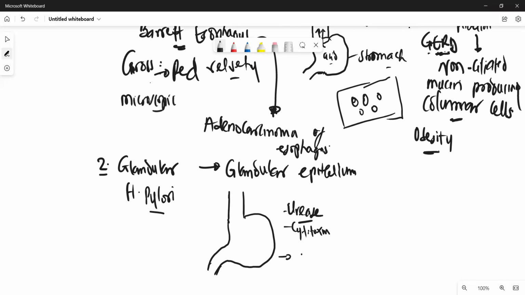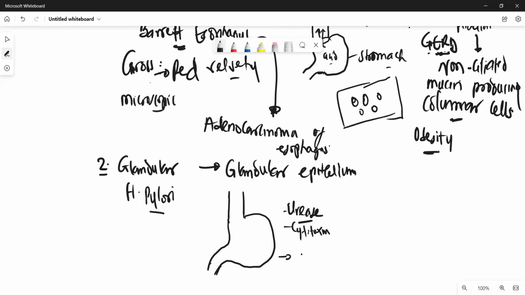Because the way I normally remember them is that in the intestine, the pH there is usually more like alkaline, because of the bicarb that's coming from the pancreas, as opposed to the stomach, which is acidic.